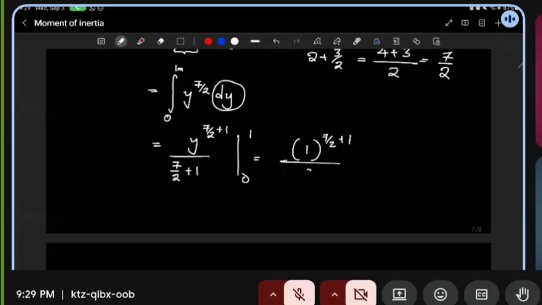So that's going to be 9 over 2. So here, 1 to the power, that will still be 1. So this will be equal to 2 over 9.